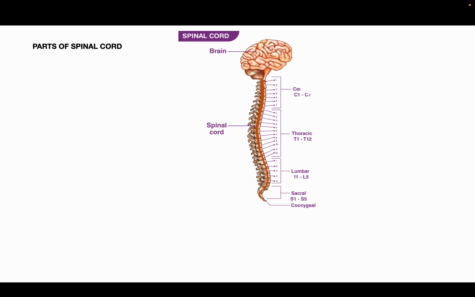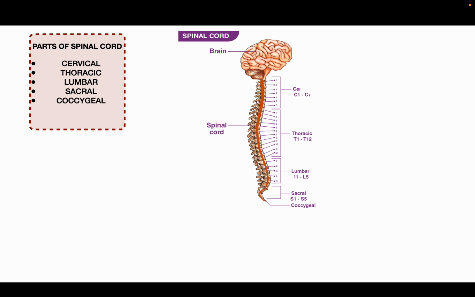Now the various parts of the spinal cord depend upon its position or location in the body. So it has cervical, thoracic, lumbar, sacral and coccygeal parts. Cervical part is lying in the neck region, thoracic is lying in the thorax region, lumbar is just covering the abdominal and pelvic region, then sacral part is in the pelvic region, then coccygeal is again the lowermost part of this spinal cord.